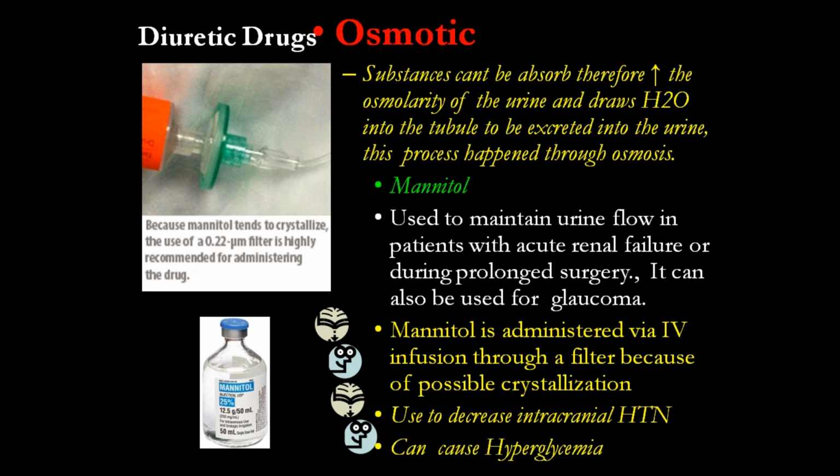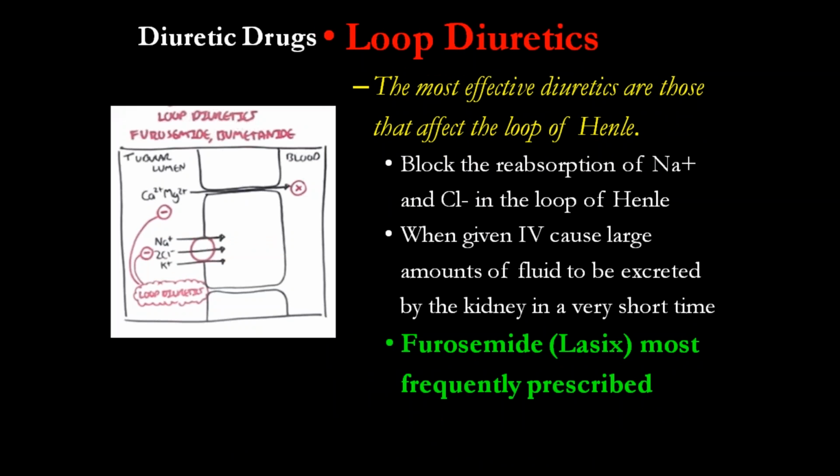So loop diuretics produce hyperglycemia, thiazides produce hyperglycemia, and osmotic diuretics, like in this case, can produce hyperglycemia. You can see this in patients who are diabetic, for example. So it's very important to remember that.